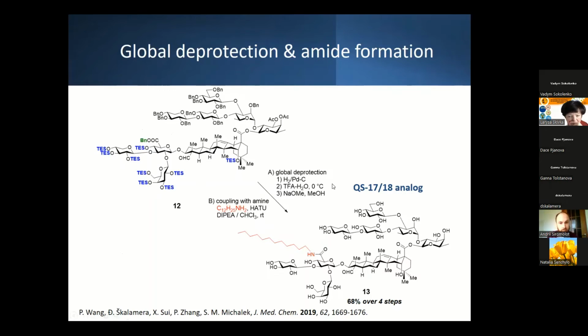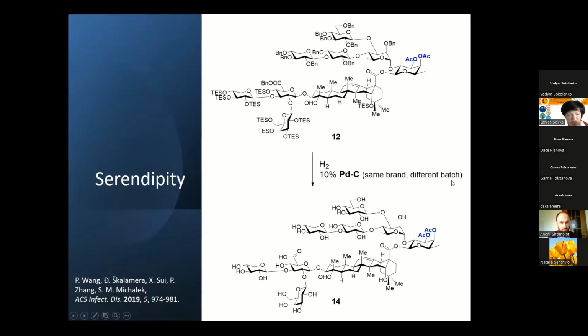But I must also say that in this reaction with hydrogen over palladium, we also obtained a different result with a different batch of this catalyst. We were actually very lucky, because this different batch catalyzed the reaction in a different way and produced this compound, which has all OH groups free, except those two on the fucose.